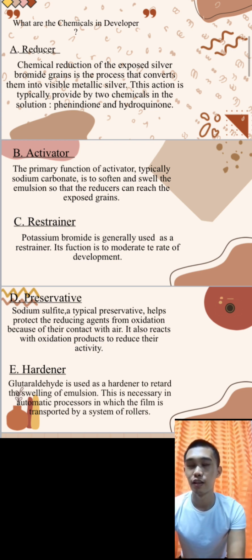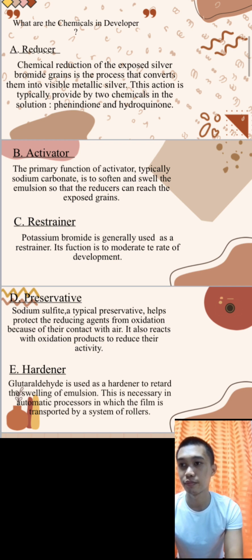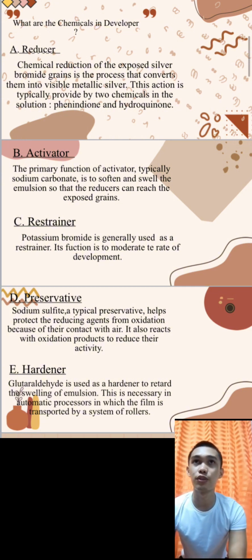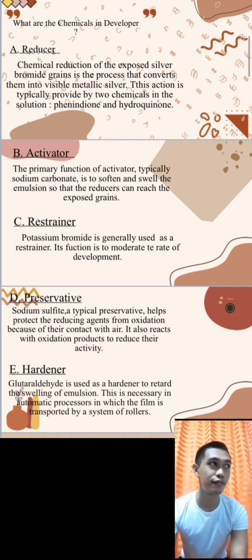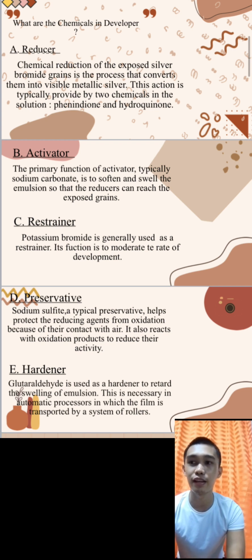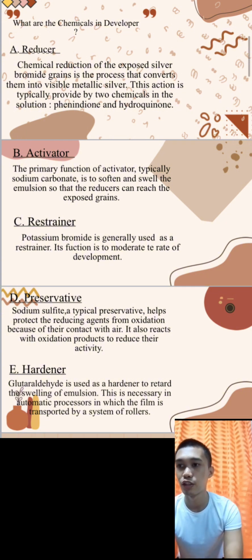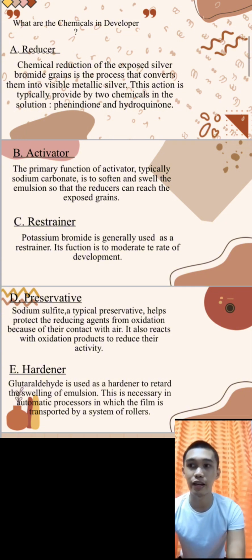So the reducer is the chemical agent also used to convert the metallic silver ions to metallic silver. It is a form of photographic film surface reaction when it is exposed to light. This process also enhances the visibility of the latent fingerprint.